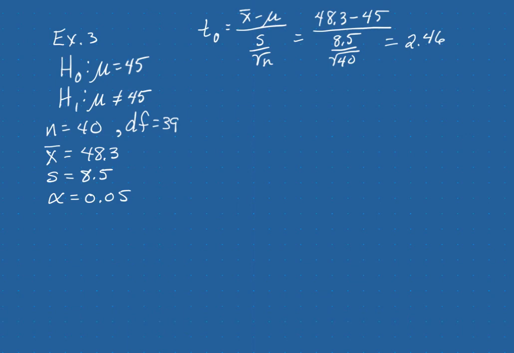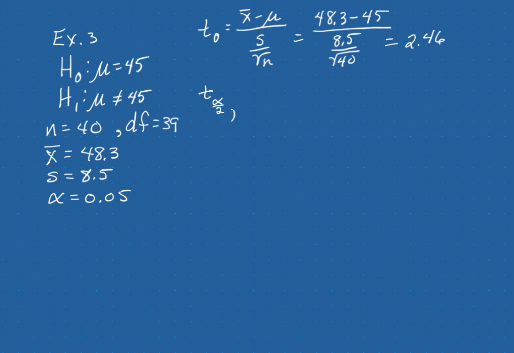Now we need the critical value. It's going to be for a level of significance of 0.05, but wait a minute. This is a two-tailed test. So it's not going to be t sub alpha, it's going to be t sub alpha divided by 2, because half of that 5% is in the right tail and half is in the left.